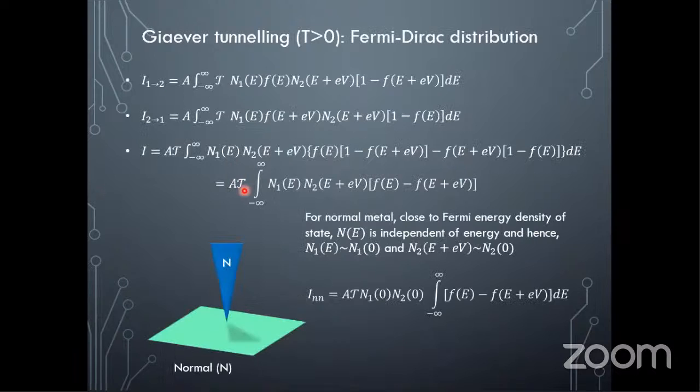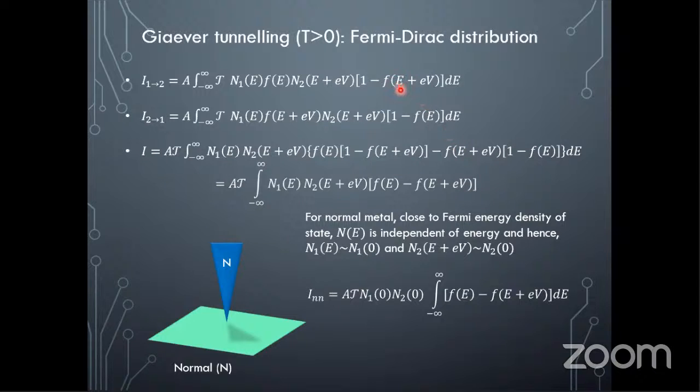So there could be two tunnelings, one from the tip to the sample, another from the sample to the tip. So the total current will be this I12 plus I21, and the total current turns out to be this formula.